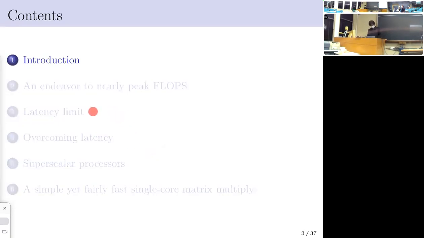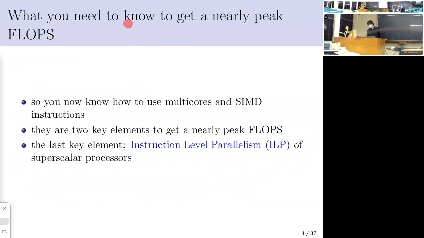Okay, so here's the introduction. So far you have learned how to do multi-core programming, which is very basic OpenMP stuff, and SIMD instructions. So with multi-cores and SIMD instructions, can you get the maximum performance of the CPU? This is the question.